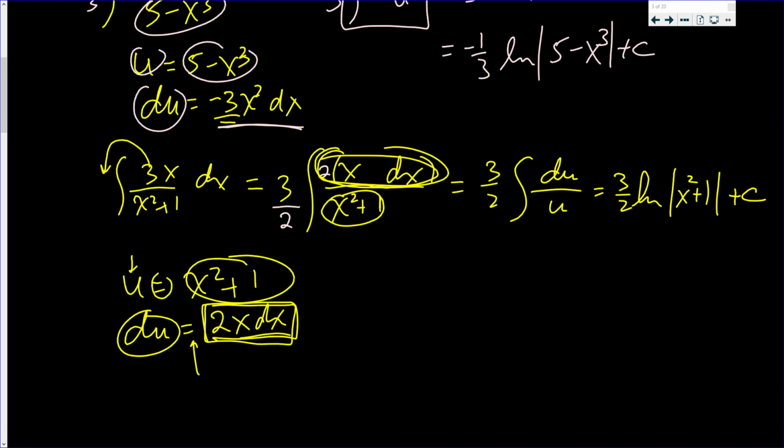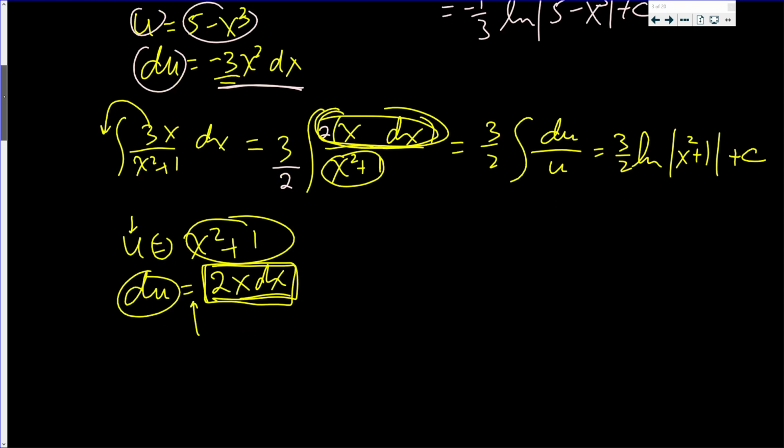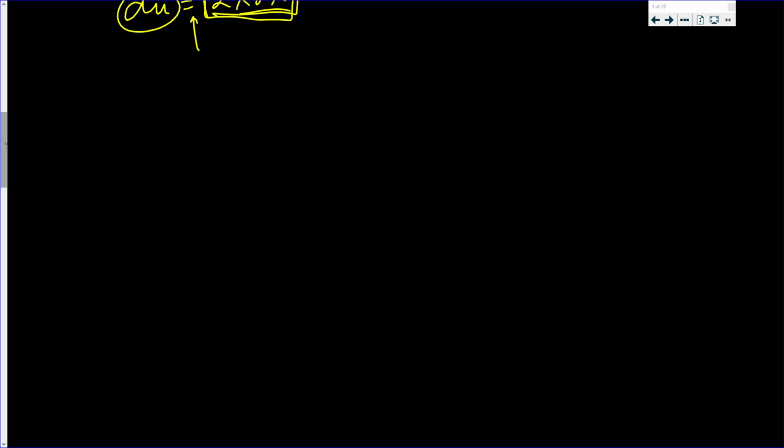Make sure you account for everything in the integral when you convert from x's to u's. Suppose you have x plus 7 over x dx. Now, there's absolutely no reason to say, oh, I know this.